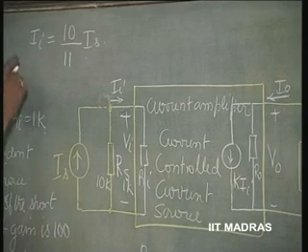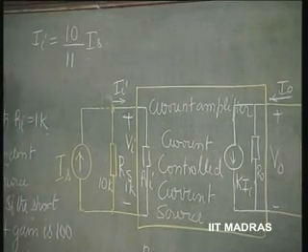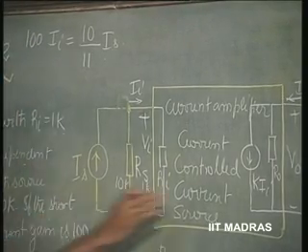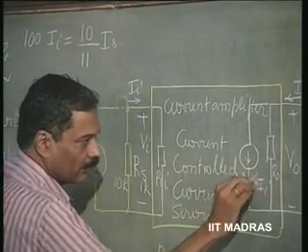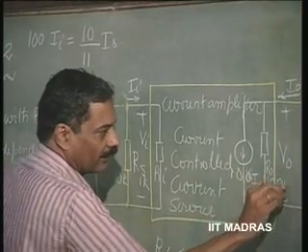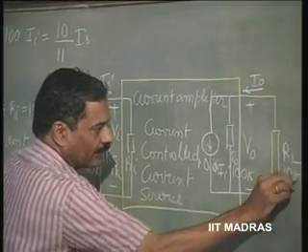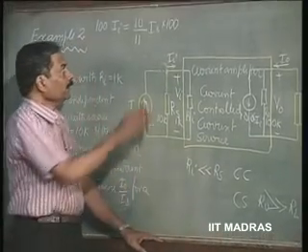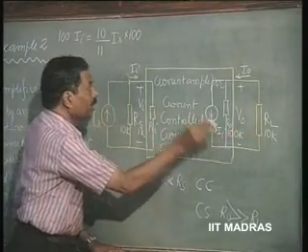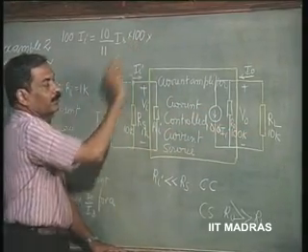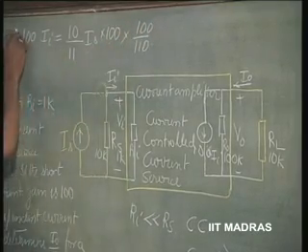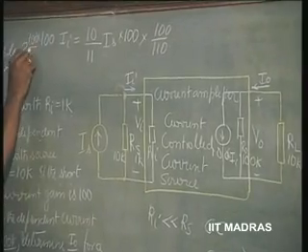Again, this I I is multiplied by 100 because of the current gain K is equal to 100, and R naught is 100 K, R L is 10 K. This 100 I I is going to divide between 10 K and 100 K as 100 divided by 110, 100 divided by 110.